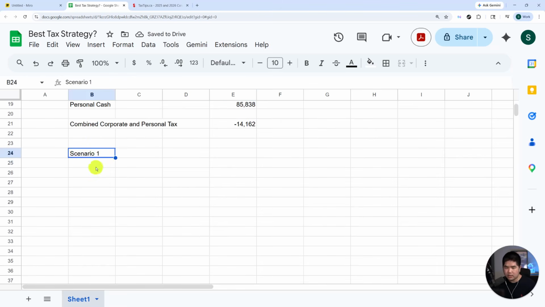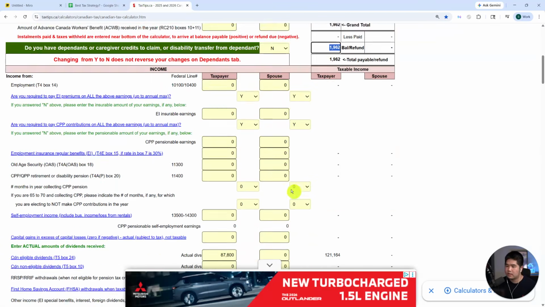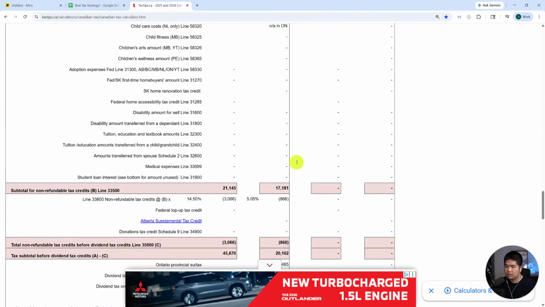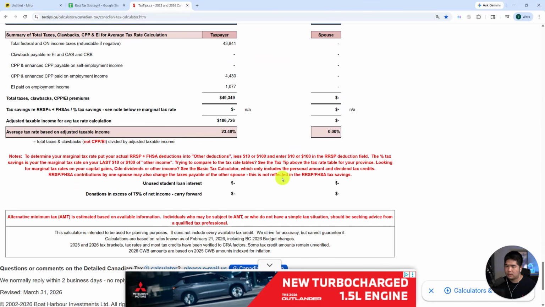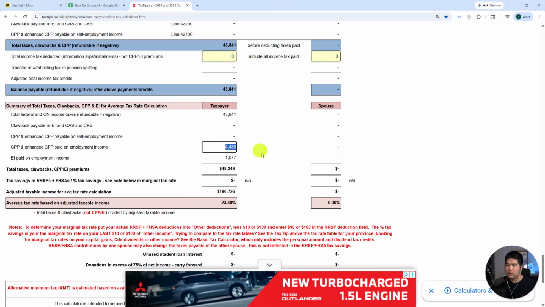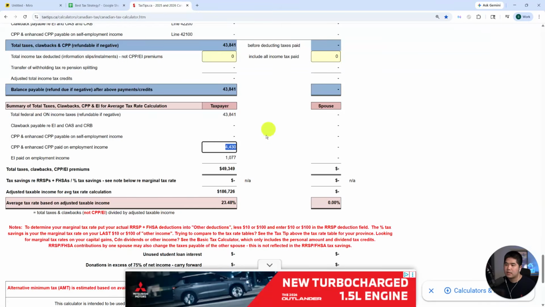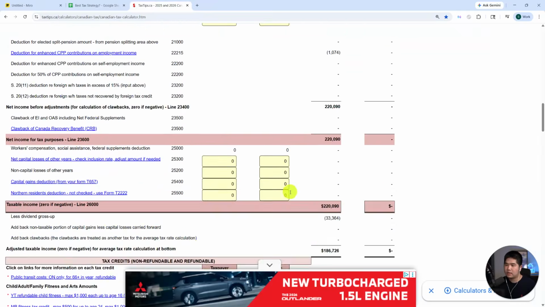In scenario number one, let's say we pay salaries. To pay $100,000 salaries, you'll need to pay $4,400 in CPP. So then you can only pay, let's say $95,000 in salaries.